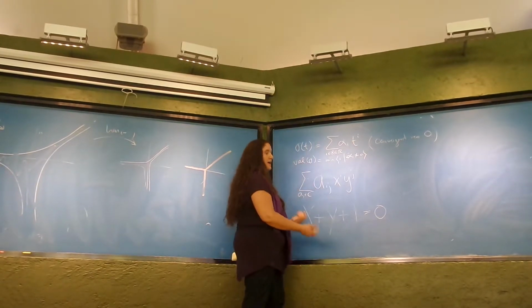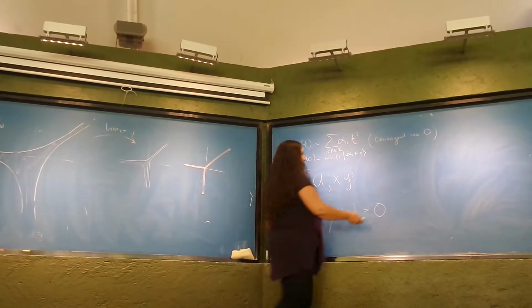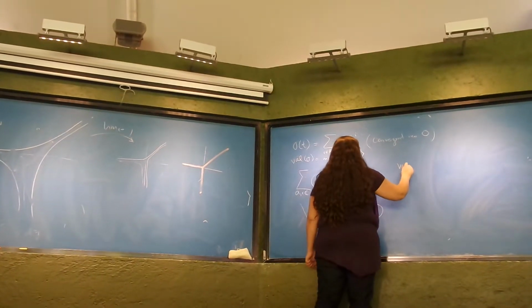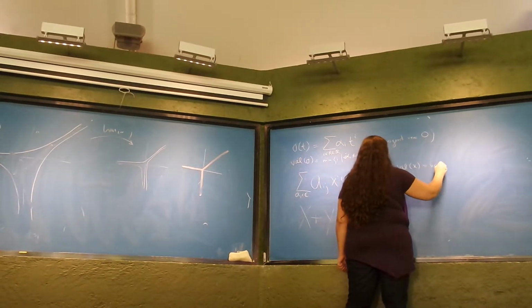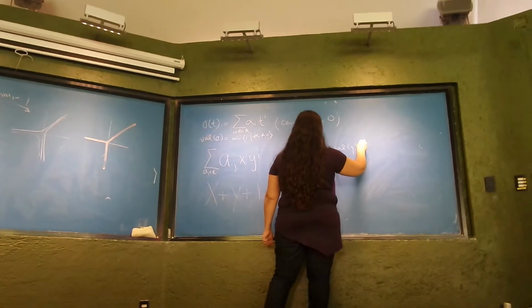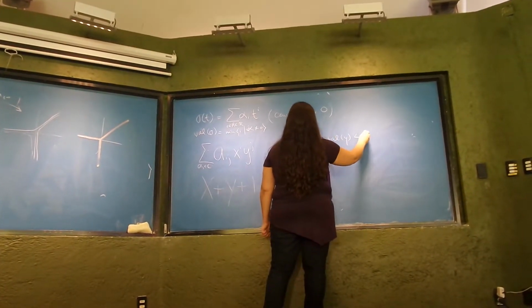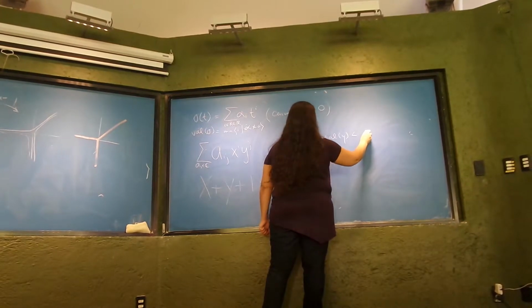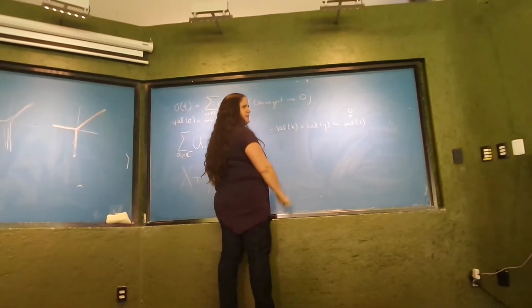Okay? And then again we have four different possibilities. The valuation of x is equal to the valuation of y, and both of them are smaller than the valuation of 1.